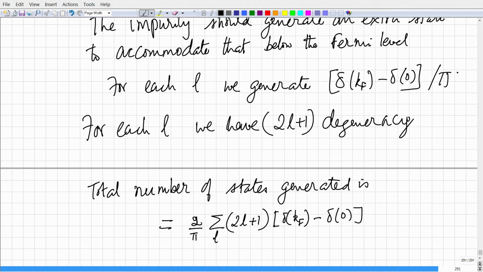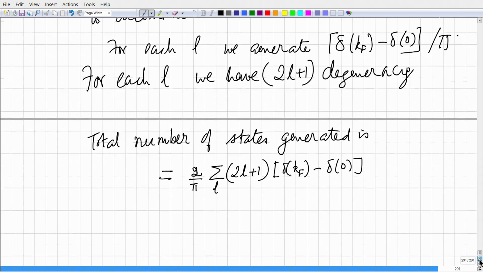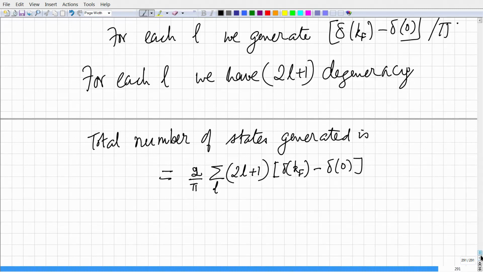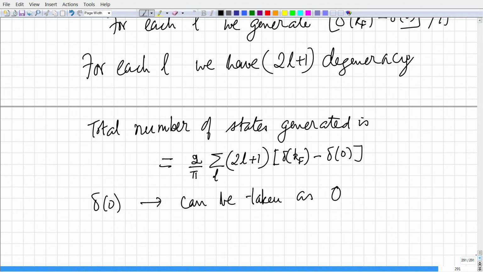So I can actually put 2 there, and this is summed over L, and so this is the extra number. And delta 0 we can take as 0, because the wavelength of a k equal to 0 wave is infinity. So, the phase shift can be simply taken as 0.